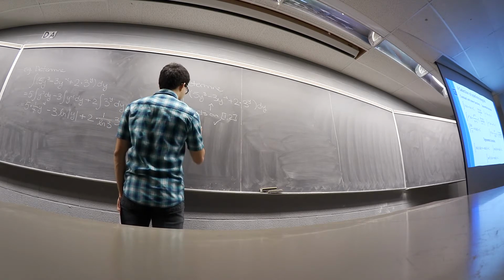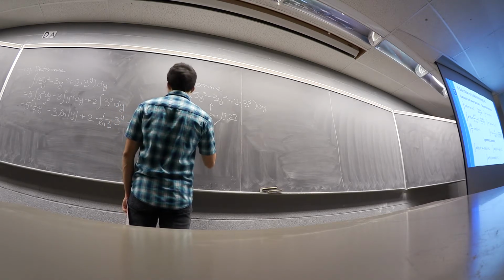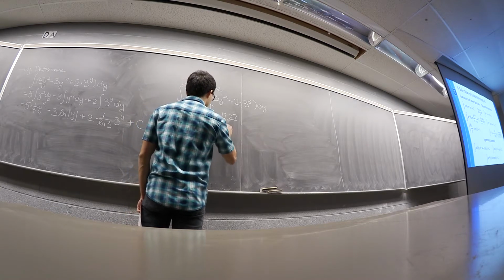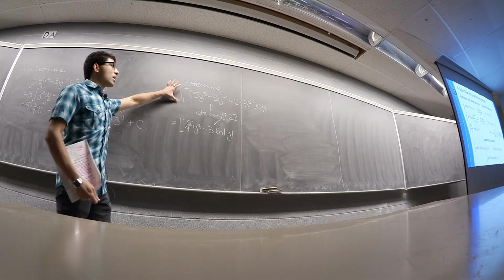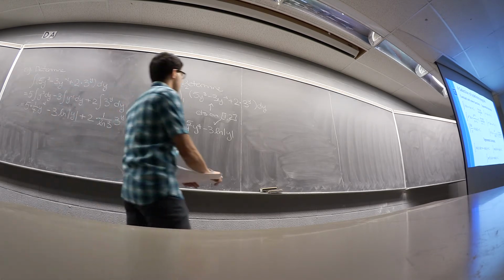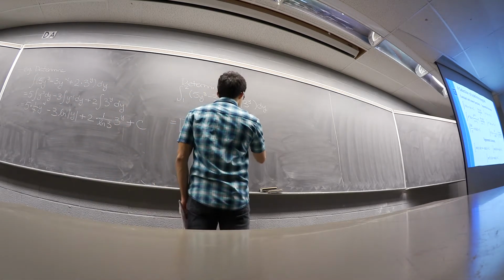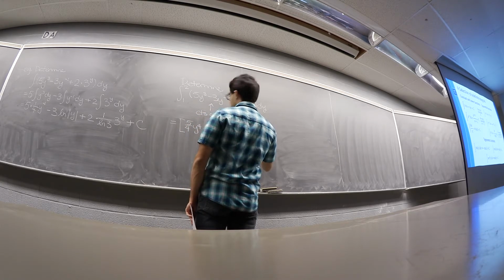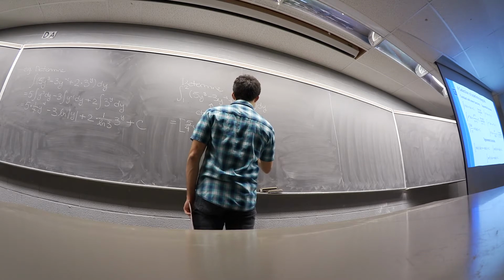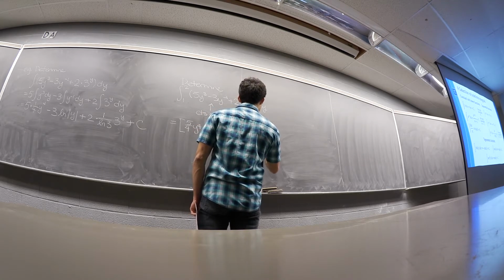5/4 y to the 4 minus 3 ln absolute y. We're dealing only with positive values of y, so you could drop the absolute value if you wanted to. Plus 2 over ln 3 times 3 to the y.